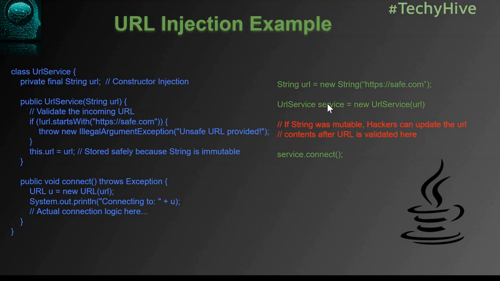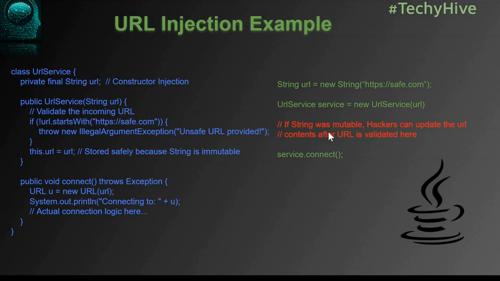At this point, when the object is created, the URL is validated. You can see that if the URL is not safe, we throw an exception. Otherwise, we store that URL as a part of the URLService class. Now, because the URL is already validated, if String was mutable, hackers could update the URL contents after validation.